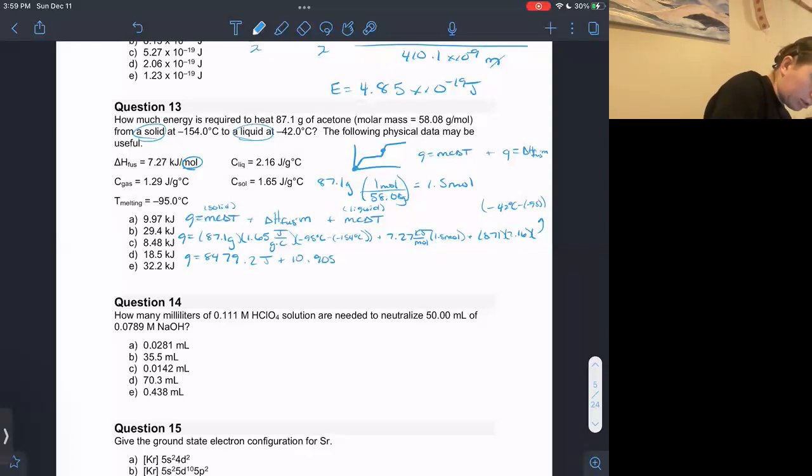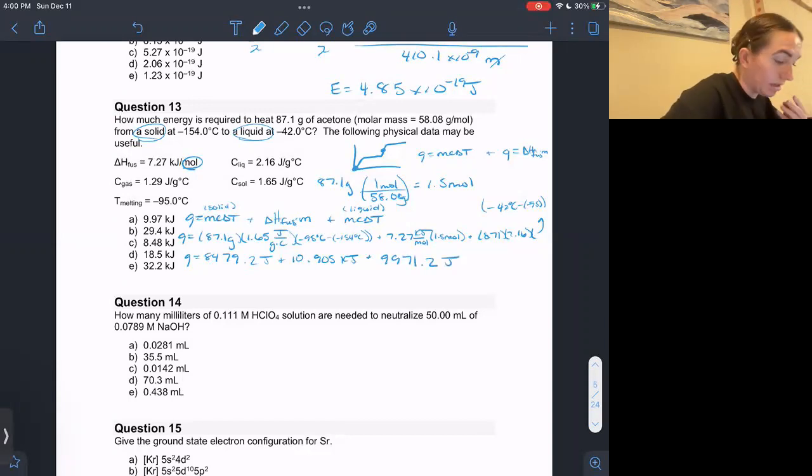This is going to be in kilojoules. And then 87.1 times 2.16 times negative 42 minus negative 95, and that's plus 9971.2 joules. Okay, so now I have joules and kilojoules here.